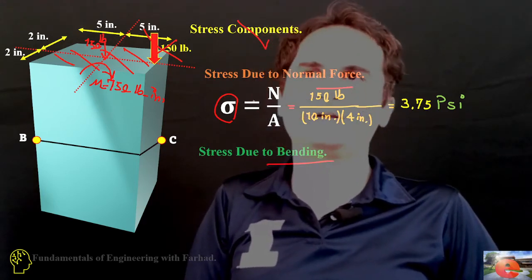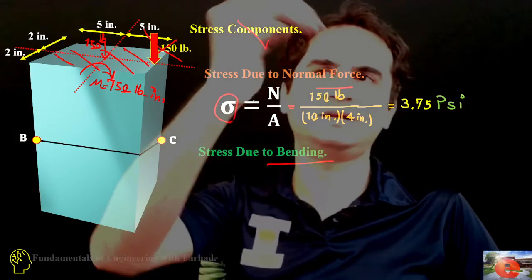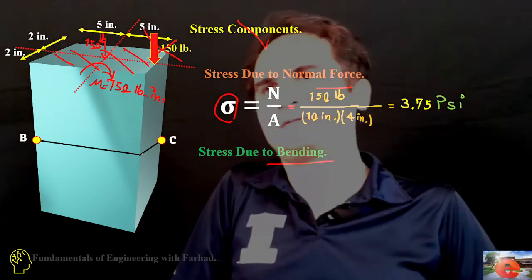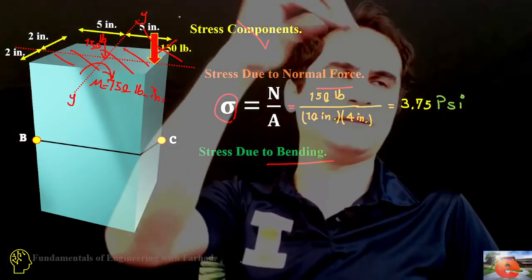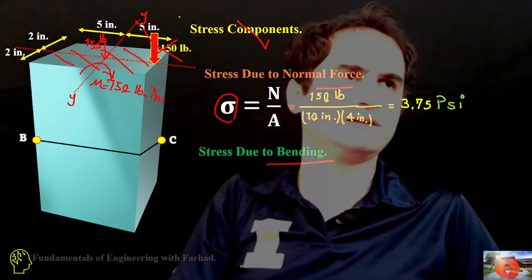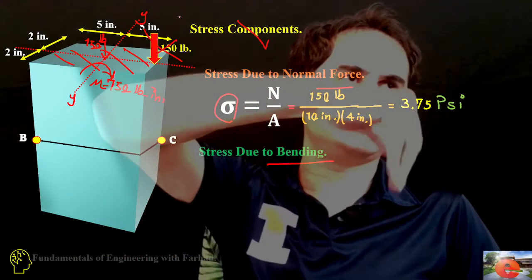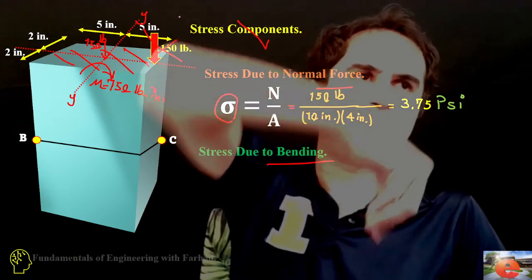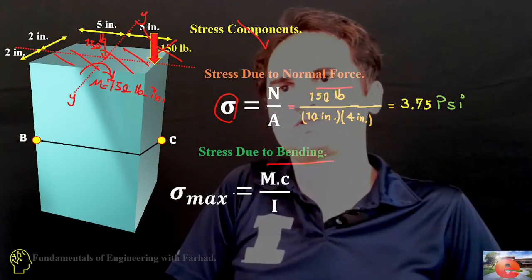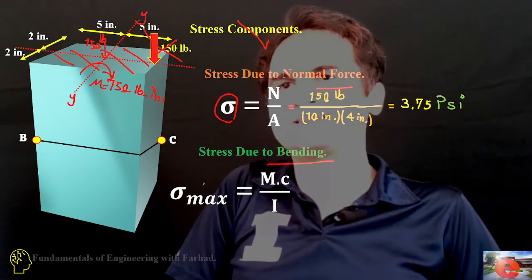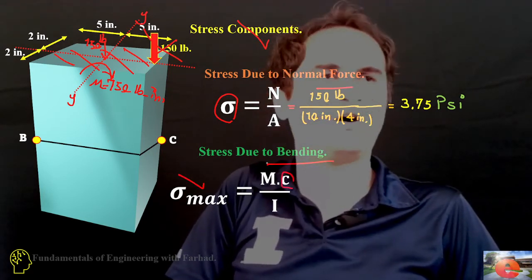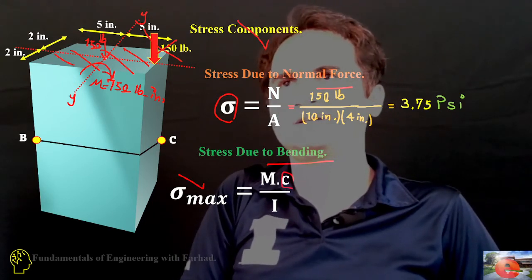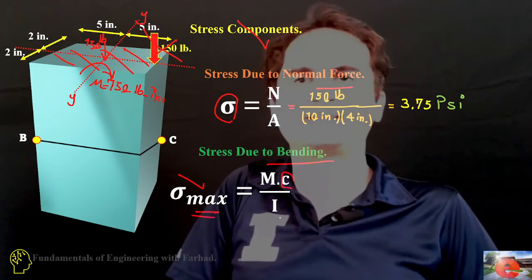If you apply a clockwise bending moment about the y-axis, it pushes point C and pulls up point B on the other side. The formula for that is sigma equals Mc over I. If C is the farthest from the centroid, that gives me the sigma maximum.